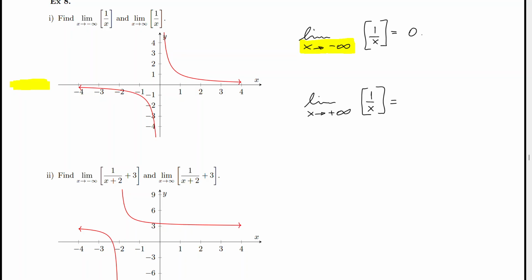It's going to be really, really close to 0, but on the bottom side of the y-axis. But who cares? I'm just going to say it's pretty much 0. So x approaching negative infinity implies go to the left side of the graph, as far left as possible. Now, what about the limit as x goes to plus infinity?